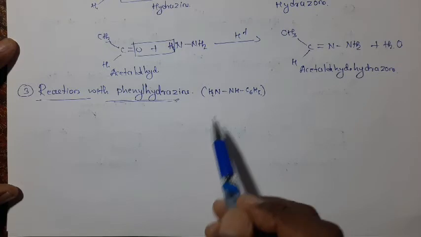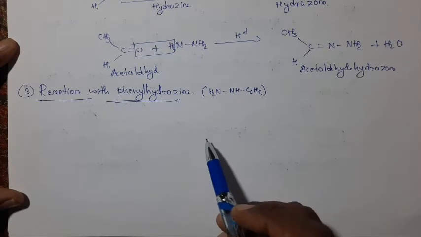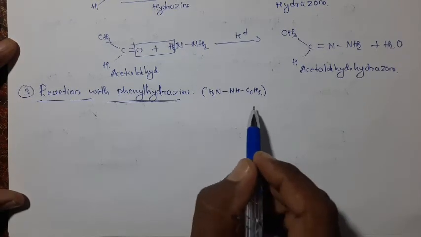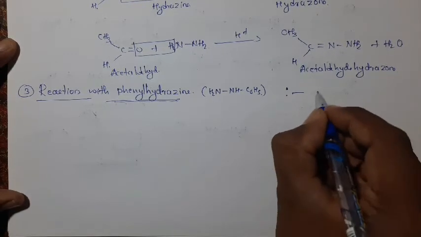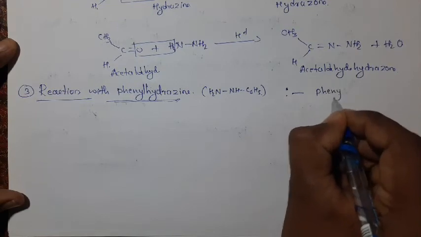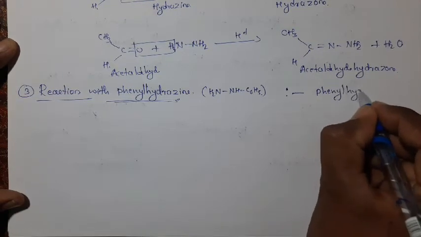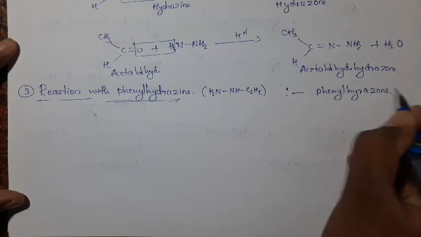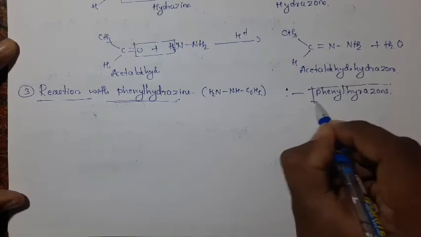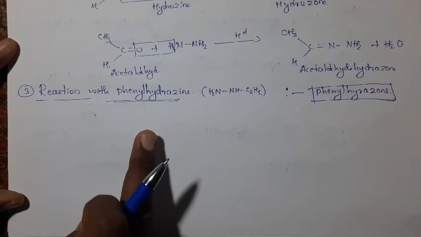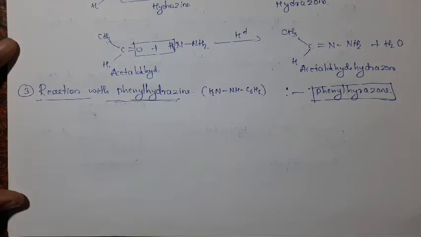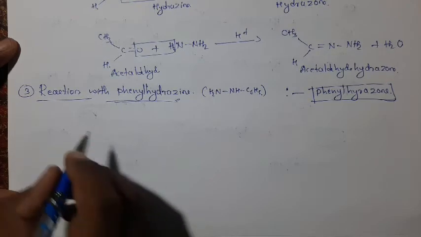When aldehydes and ketones react with phenylhydrazine, they are converted into the corresponding phenylhydrazones. In hydrazine, these are converted into their hydrazones, but with phenylhydrazine, these are converted into their corresponding phenylhydrazones. Okay, let's see the example.